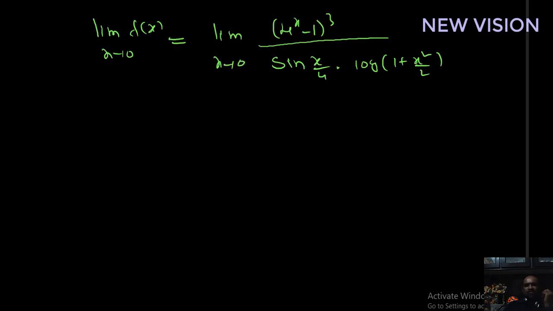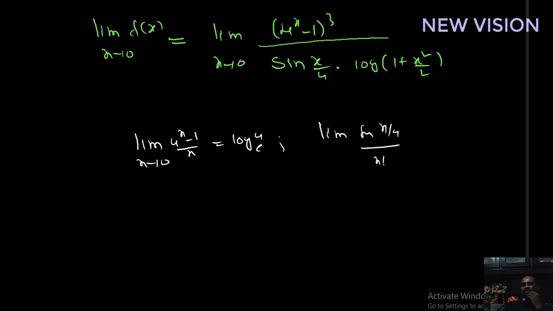Students, here you need to use some results. The limiting value of (4 power x minus 1) by x as x tends to 0 is log 4 base e, one rule. Next, the limiting value of sin(x by 4) by (x by 4) as x tends to 0 is 1, one rule.